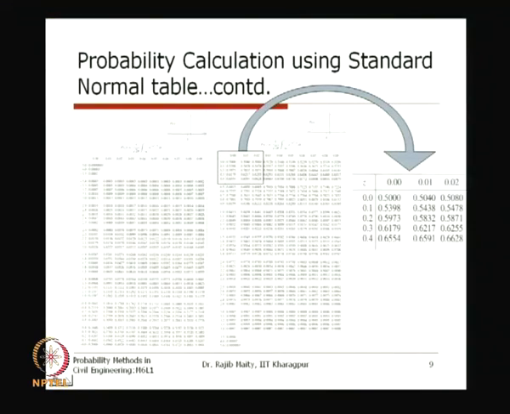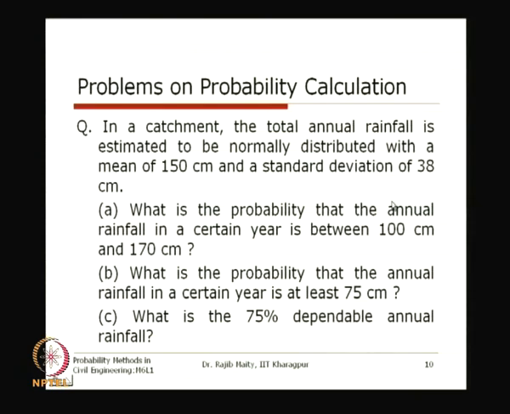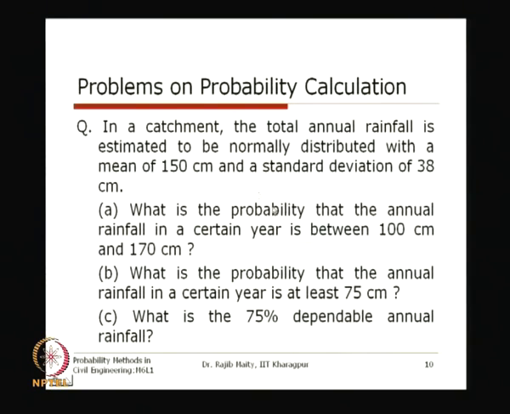This is also shown in this curve: when z equals 0, the integral value is 0.5. Anyway, we will now see a specific problem on how we can utilize this property of the normal distribution for some specific problem in civil engineering.